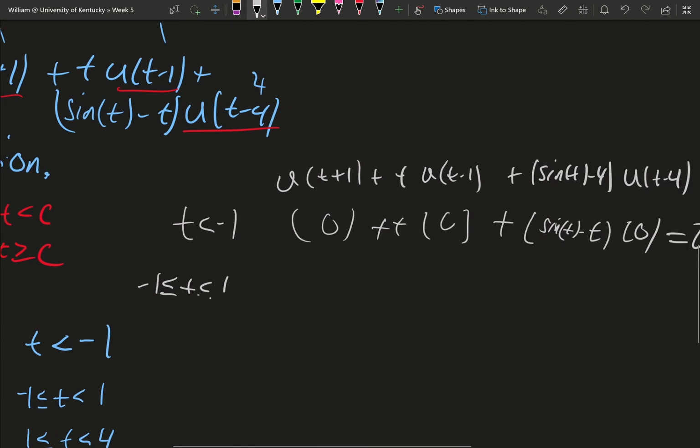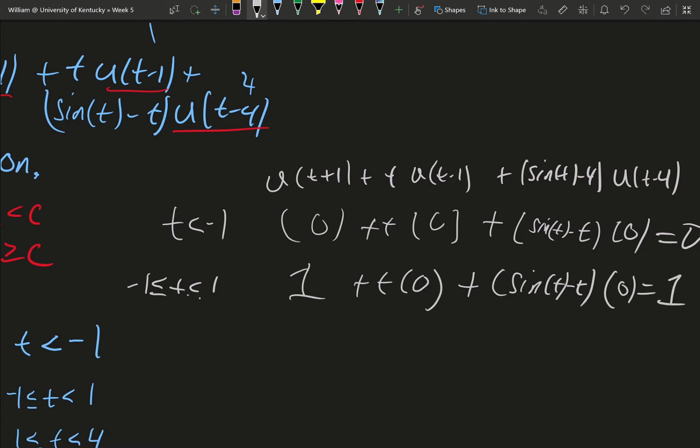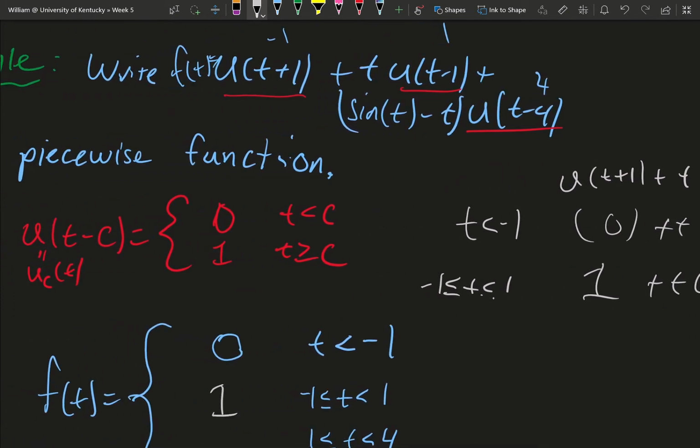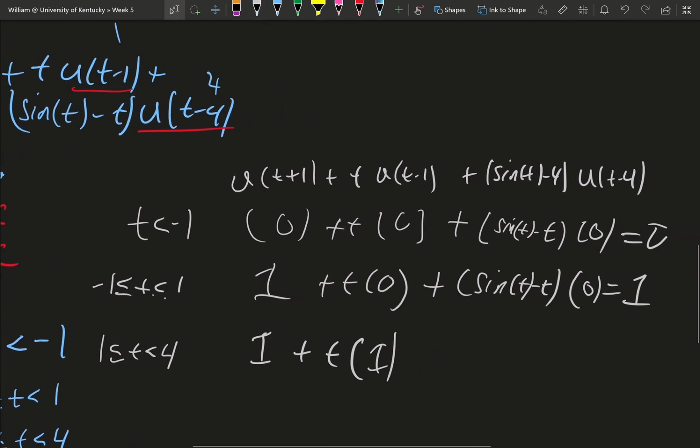If we're in between -1 and 1, then this first guy is now going to be equal to 1, but the rest aren't really going to be that different. Our next case is if we're greater than 1 but less than 4. So now that guy is going to be 1, but this last term is still going to be 0.